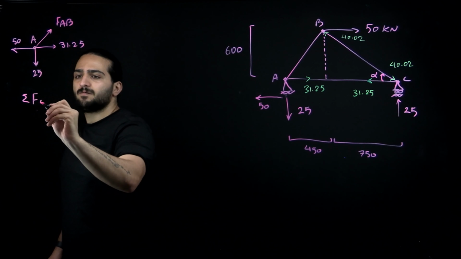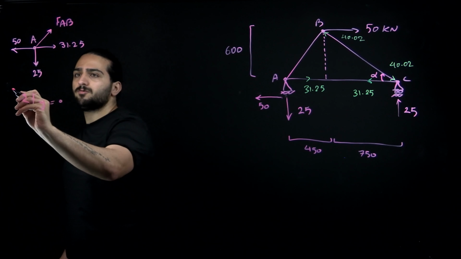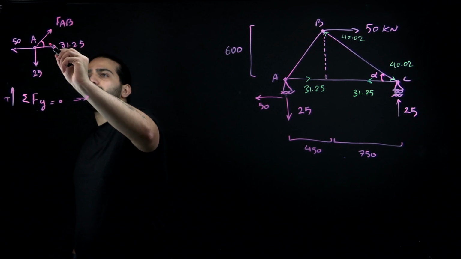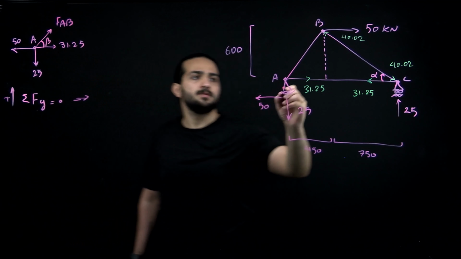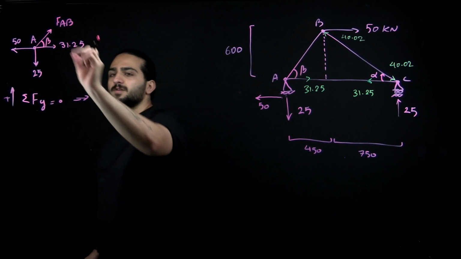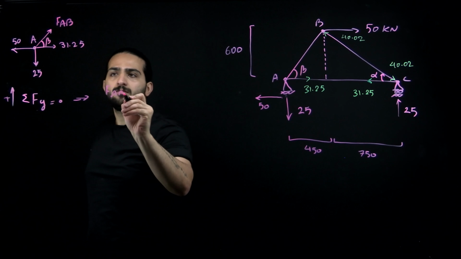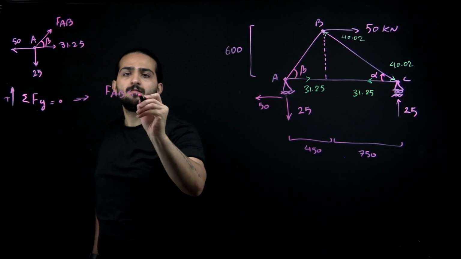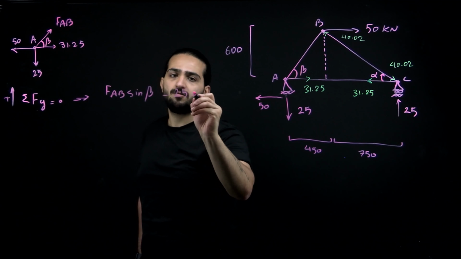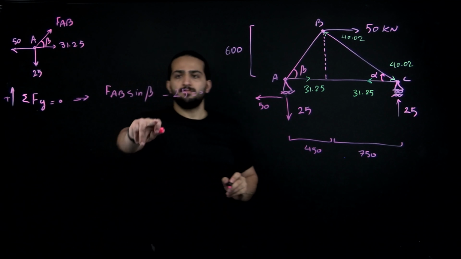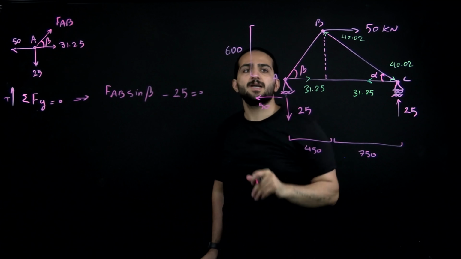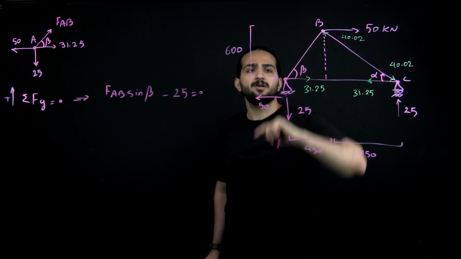Sigma Fy is equal to 0. If we call this angle beta, we have FAB sine of beta minus 25 is equal to 0. Sine of beta would be this length divided by this length in this triangle.